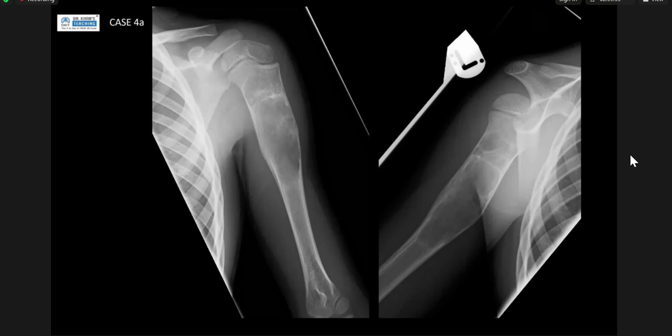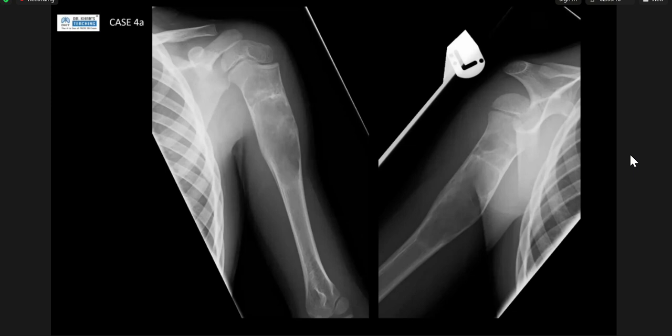If this is in your A&E emergency department plain film reporting pile and a patient presents with a fall, what would you be suggesting? Would you be suggesting anything? I would further take up the patient for cross-sectional imaging.